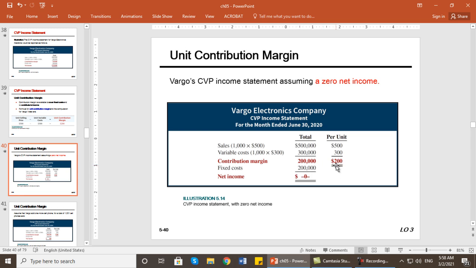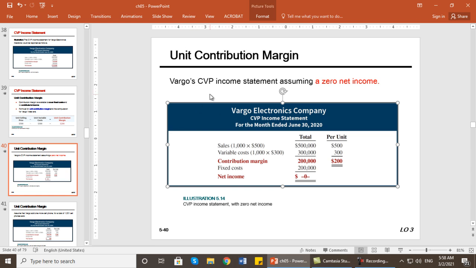If the contribution margin per unit is 200, we need 1,000 units to cover the fixed cost: 1,000 units times 200 is 200,000.